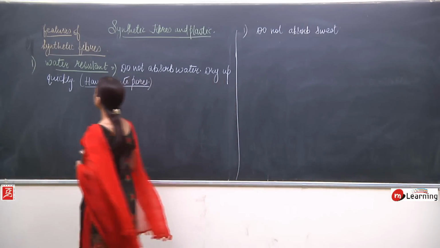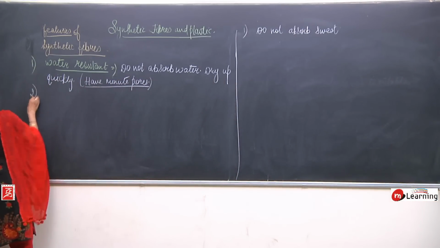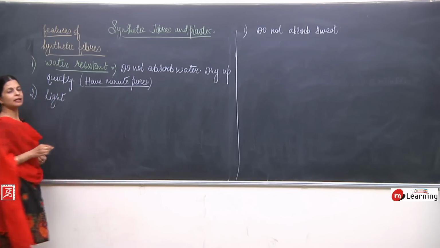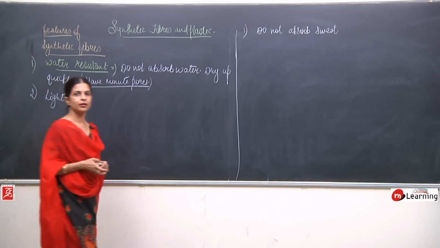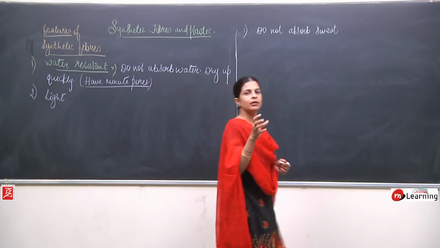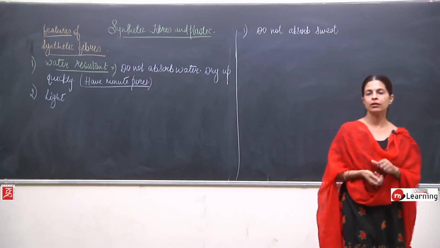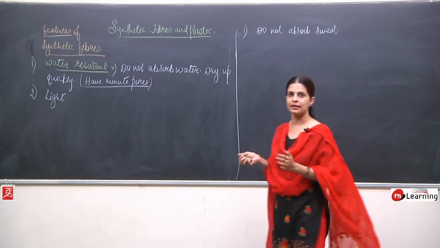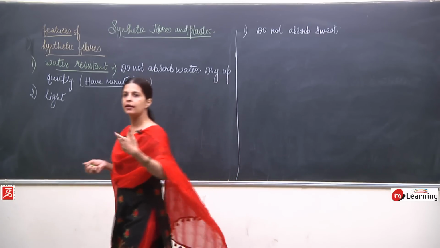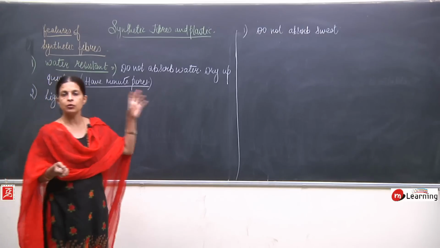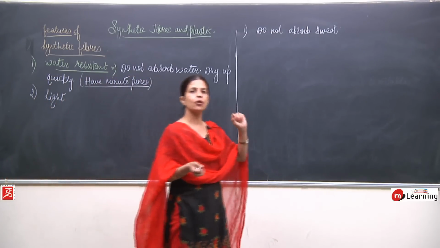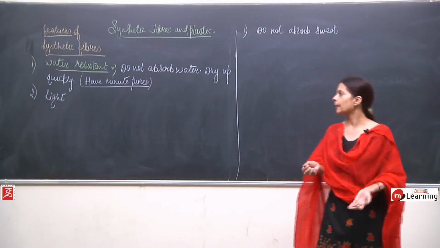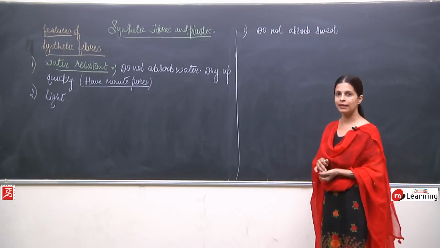Now, come to the second one: these are light and strong. These are light, that means if you compare the same weight, suppose you take 2 kgs of polyester and 2 kgs of cotton fabric, you will understand that the cotton is much heavier than the synthetic one.